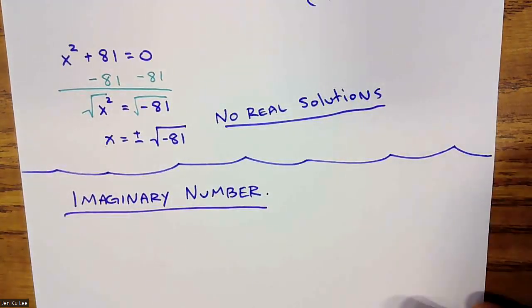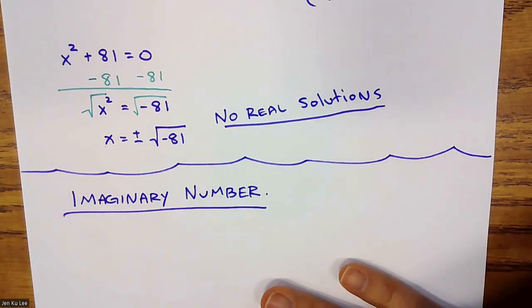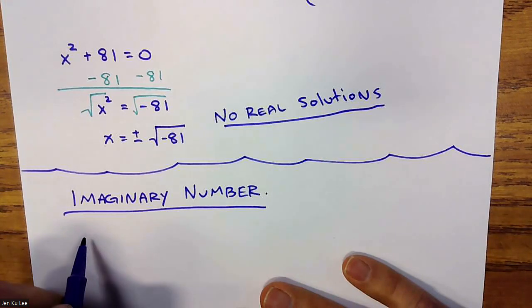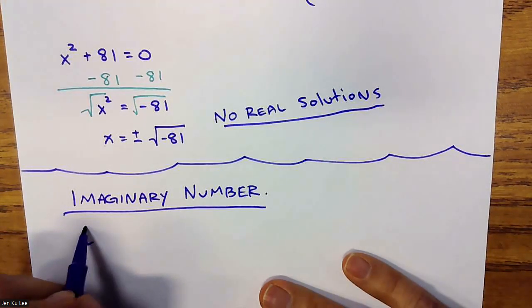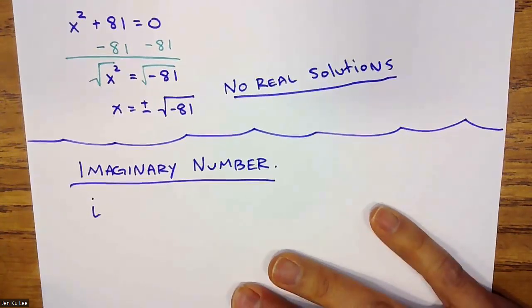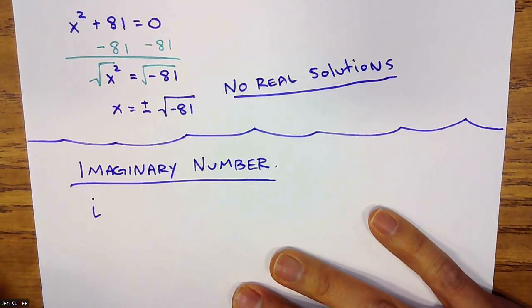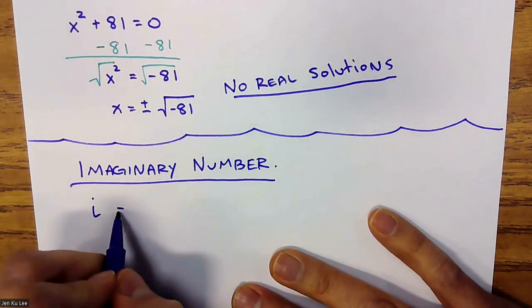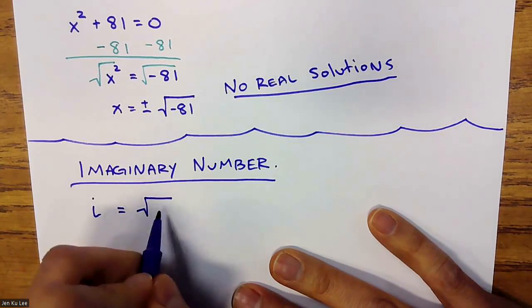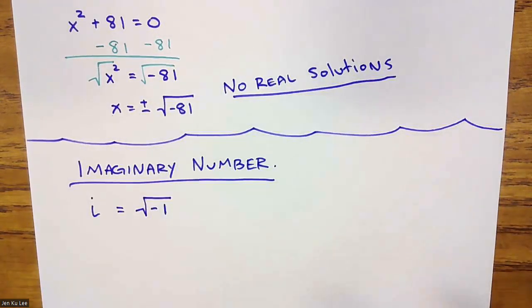We're just going to talk about one imaginary number, and that is the imaginary number i. Okay, it's just a cursive i, and that is going to equal square root of negative 1.